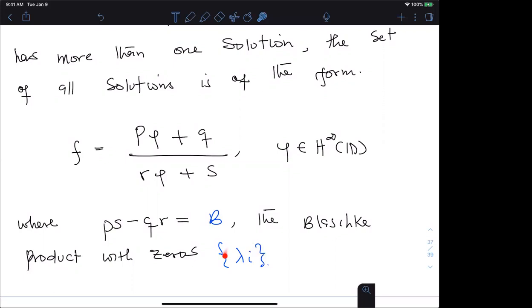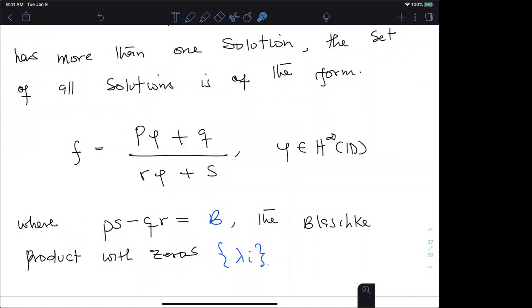So these lambda_i's are the nodes of the original problem. So if there is more than one solution, then all the solutions can be parameterized such that these parameters are related by this.